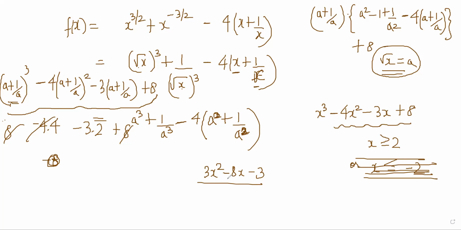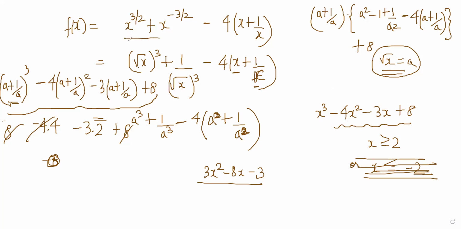Sir, in the starting expression, in the question it's written x to the power 3 by 2, right? So doesn't that mean x has to be positive itself? That is why I'm saying A has to be positive. So then why can't we directly use AM-GM?